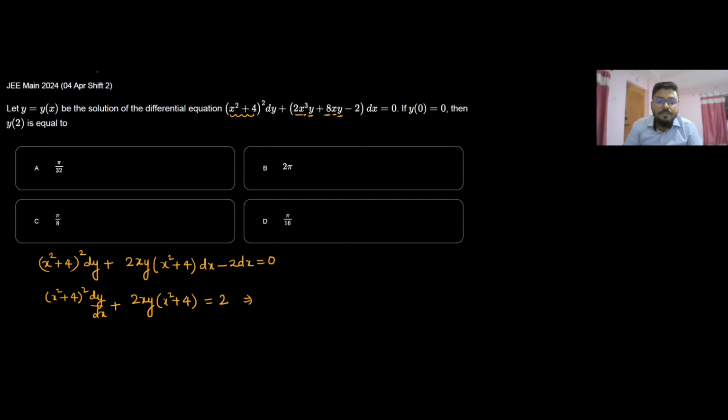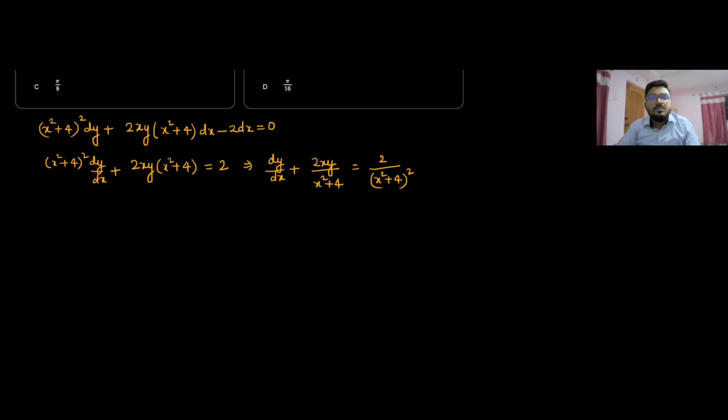So this is now dy by dx plus 2xy divided by x square plus 4 equal to 2 divided by x square plus 4 whole square. So what we did is we divided throughout by that term x square plus 4 whole square. Okay, so again you can see this is a linear differential equation in y. So let us start writing the integrating factor.